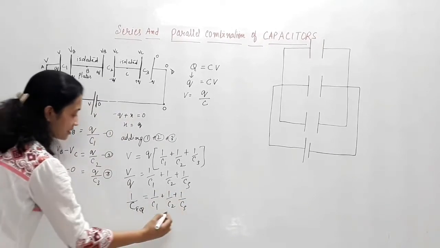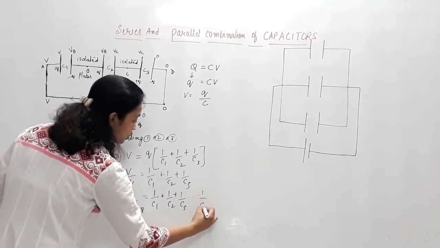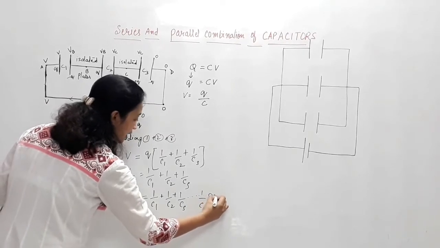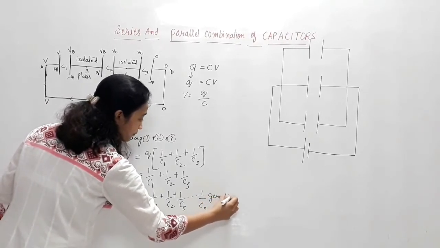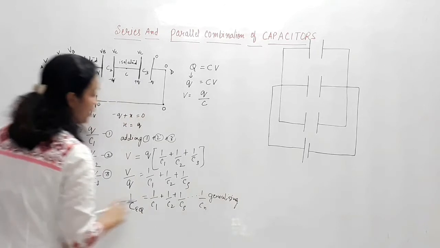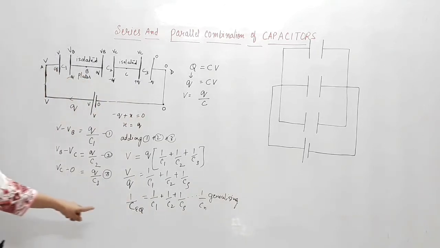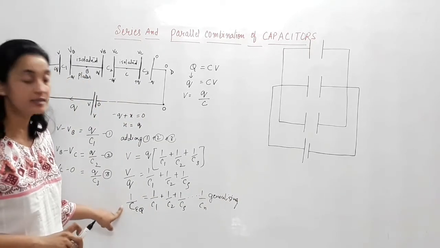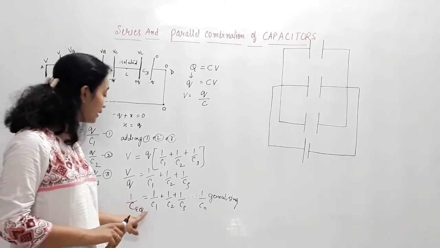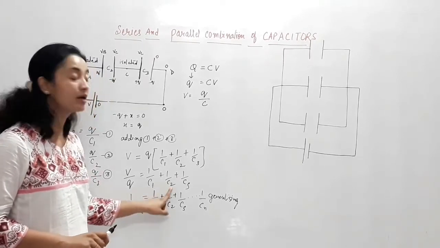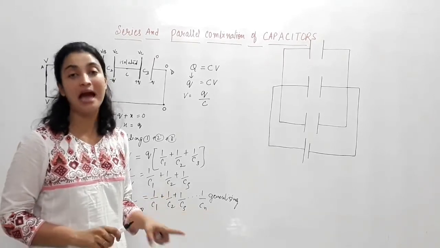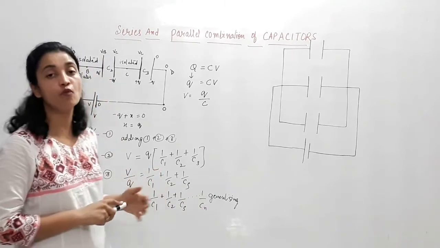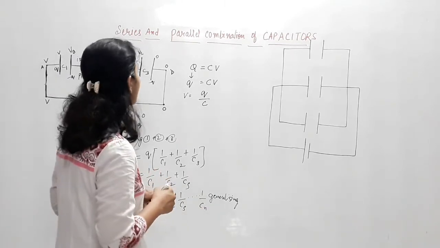If there are n capacitors, generalizing, you can write it up to Cn. So this is what you got. If the capacitors are in series, then the equivalent capacitance is found by adding reciprocals. It is just the reverse of what we had in case of resistors.